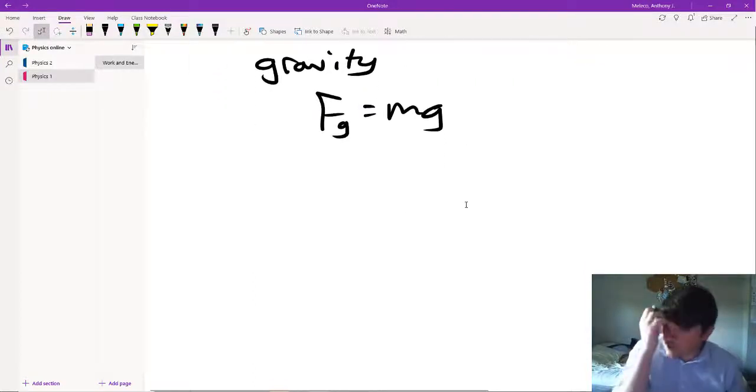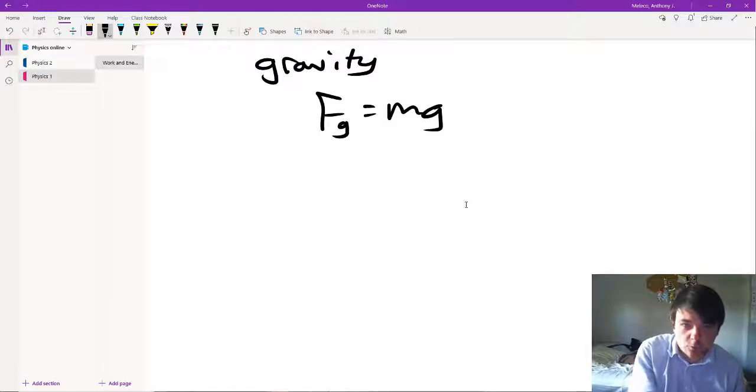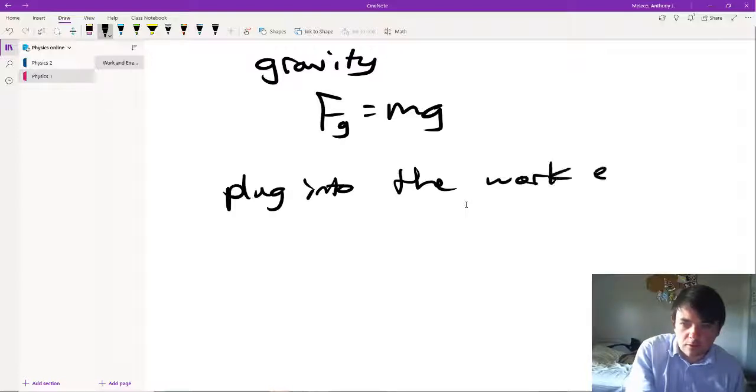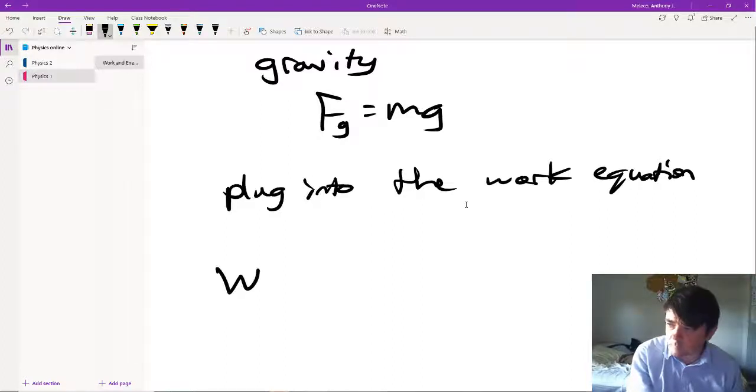And so what we're going to do is plug this into the work equation. Work equals Fx cosine theta, right?